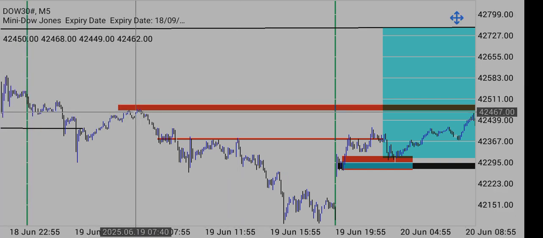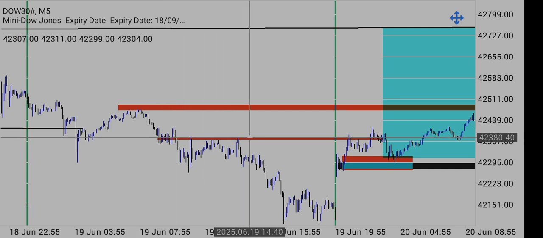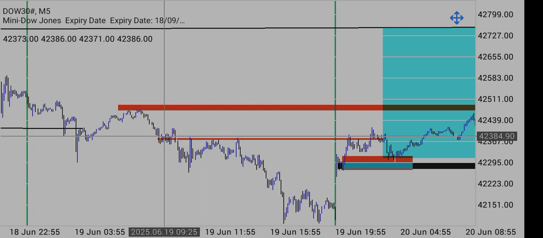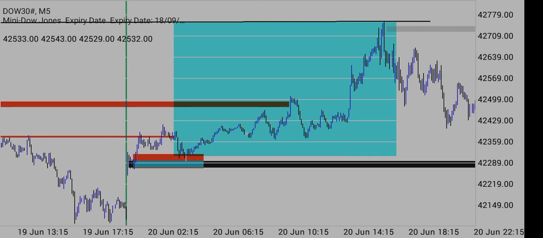This was the day high, the previous day high. These were equal highs or equal short-term highs where liquidity was resting, institutional liquidity. So next day we took this.